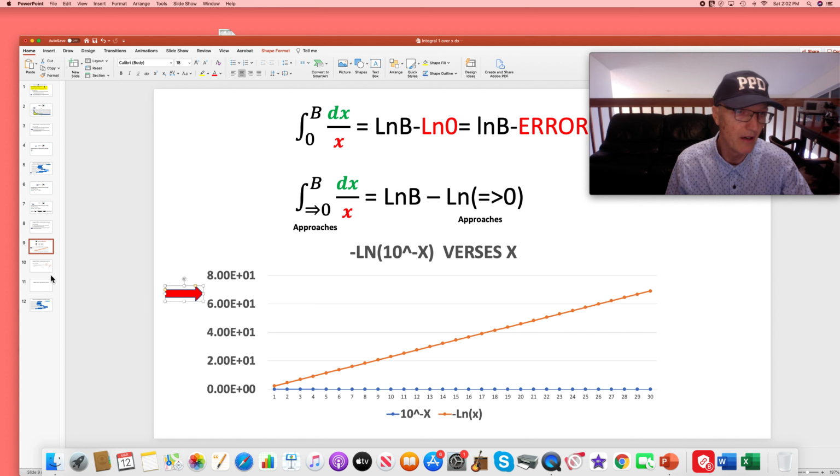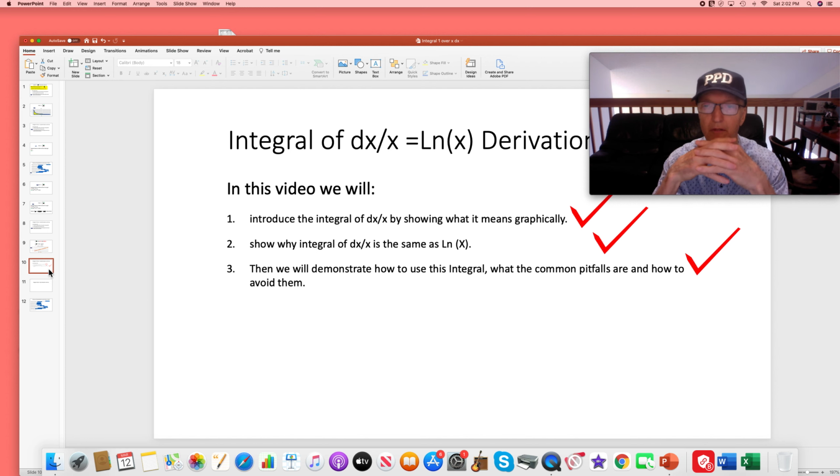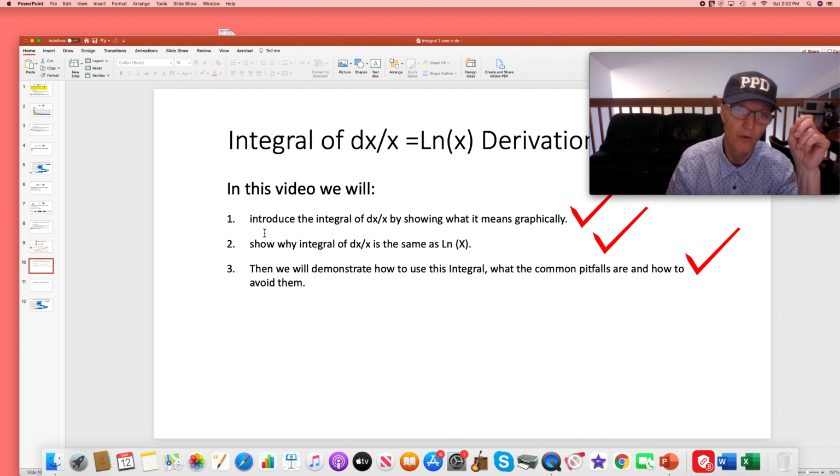So let's see, how have we done? I want to do a little review and see where we've been. Our goal was to introduce the integral of dx over x, showing what it means graphically. We did that. Remember the yellow area under the curve? Then I wanted to show why the integral of dx over x is the same as ln x.